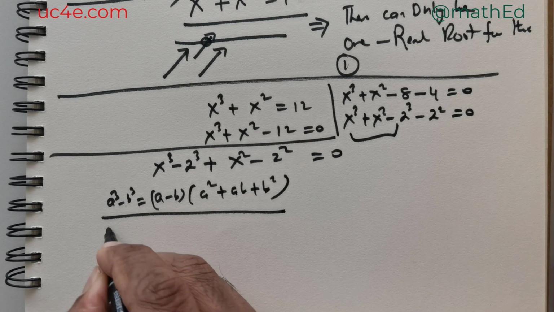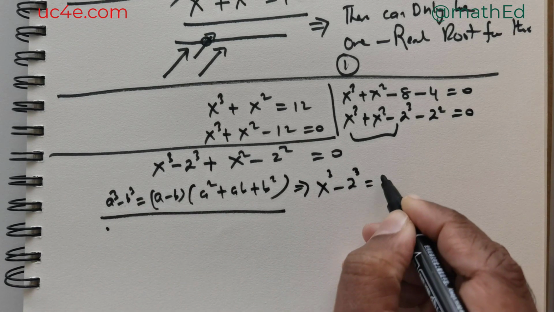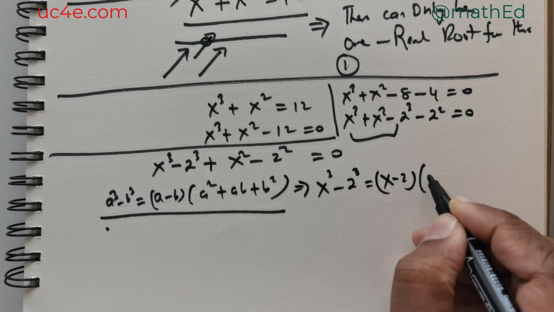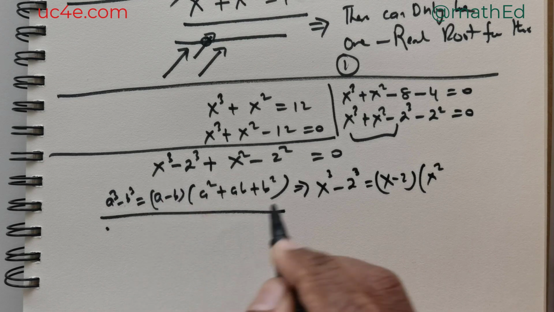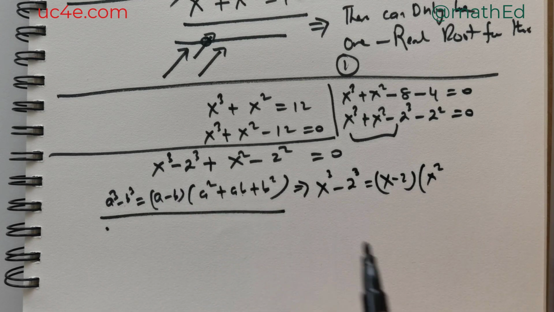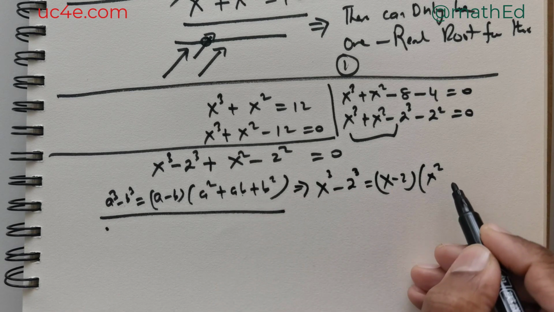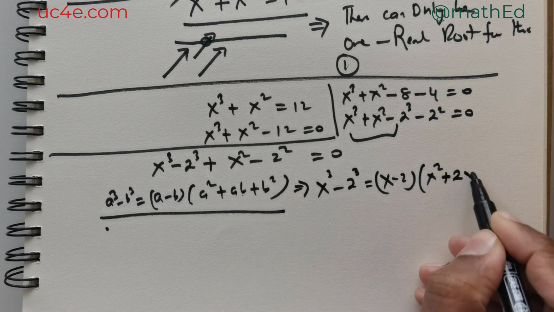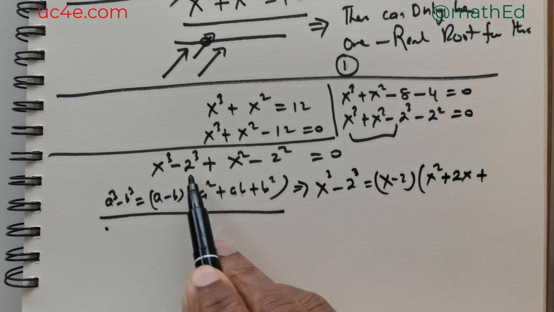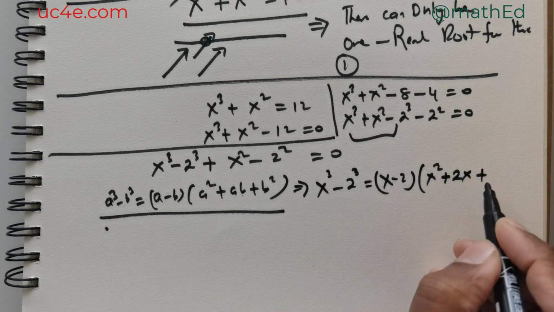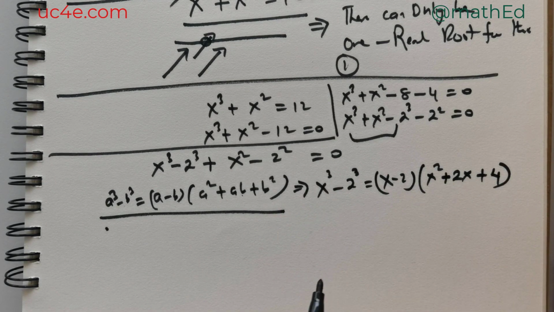So if I were to use this, x cubed minus 2 cubed is going to be equal to x minus 2 times x squared, because in place of a you got x, followed by a times b, so that's going to be 2 times x, followed by b squared. My b has got a value of 2 here, right? So that's going to be 2 squared, so it's going to be 4.